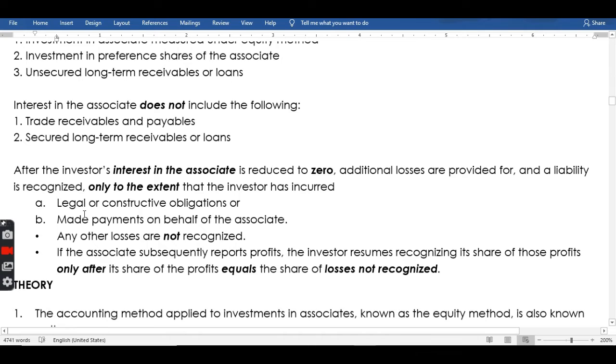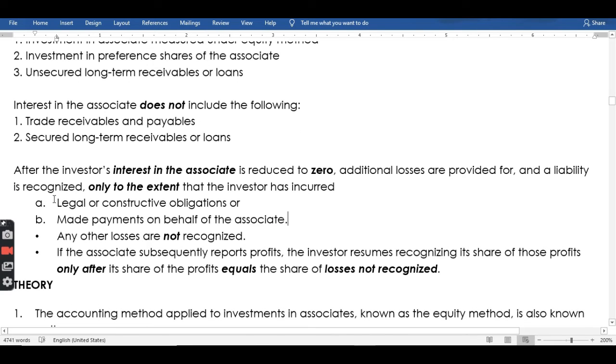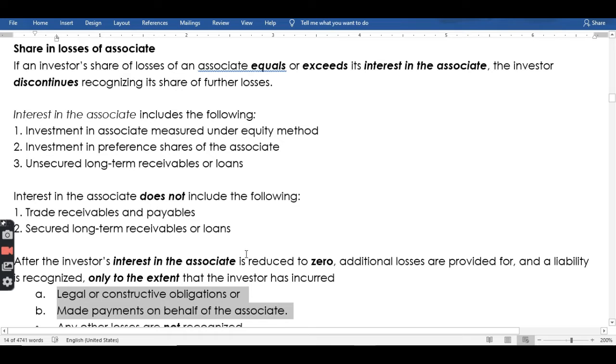So kapag ikaw ay nag-incur ng legal or constructive obligation on behalf of the associate, or kapag ikaw ay nagbayad, or made payments on behalf of the associate, yan ay additional na pwede mong i-recognize as expense. Okay, so in other words, parang ang bait-bait mo na, nalugi na nga yung associate, tapos ikaw pa yung nagbayad at nag-incur ng liability on behalf of the associate. Ito, pwede mo pa siyang i-recognize as additional losses. Okay? Na separate dito sa tatlong to.